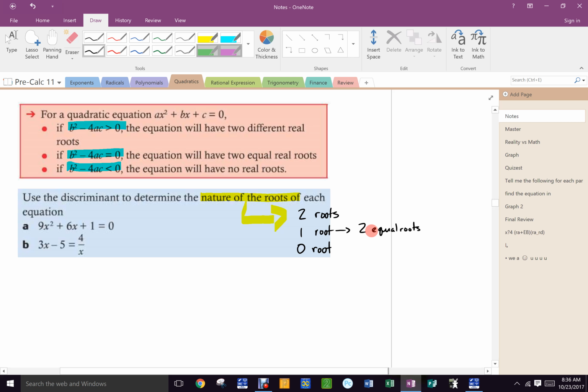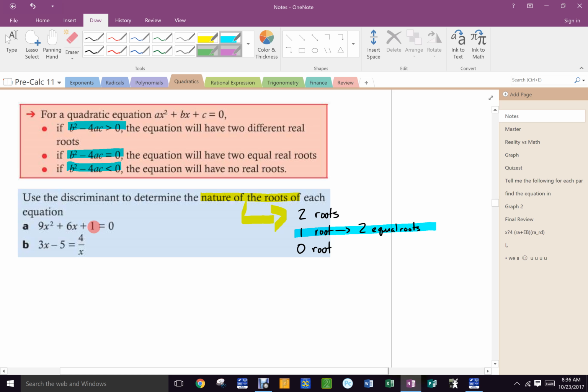But it looks, when you graph it, like there is only 1 root. I'm going to show you that in a moment when we use our graphing calculators. Everybody cool? So this one is a little bit tricky because we say 1 root, but it technically means two equal roots. And if two things are equal, how would they show up? There would only be one of them. Picking up what I'm putting down?